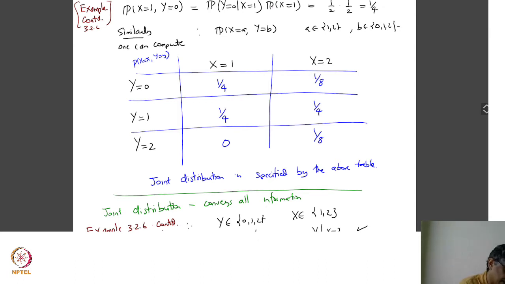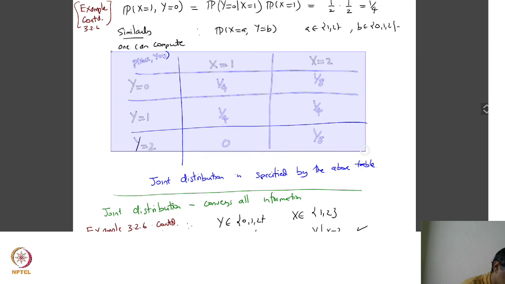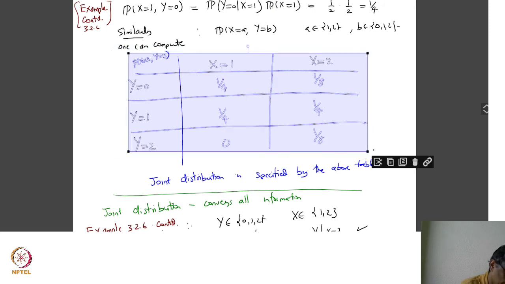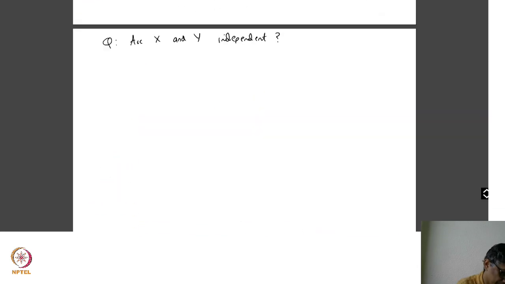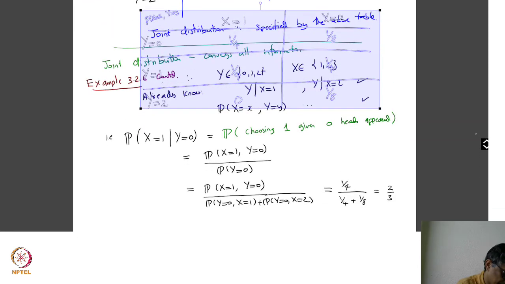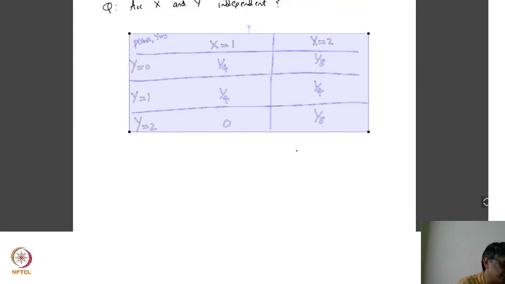Let me just copy this table and bring it down. Let me duplicate it. So this was the joint distribution, right?